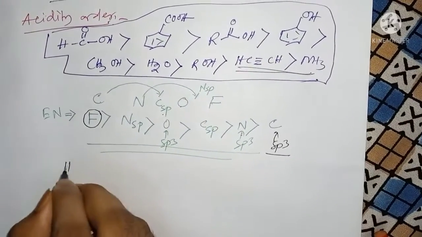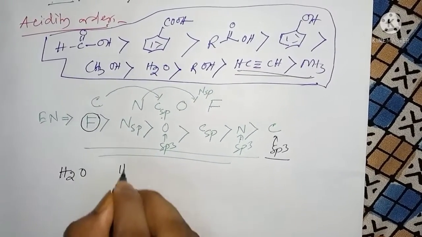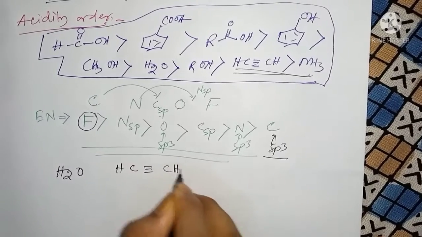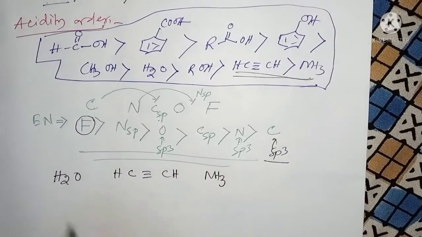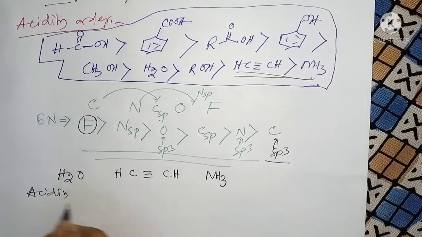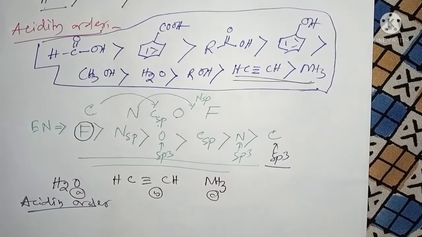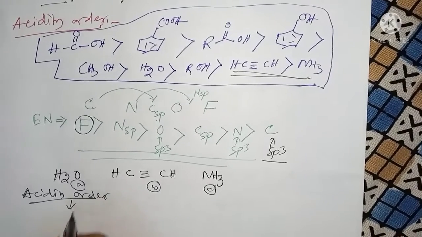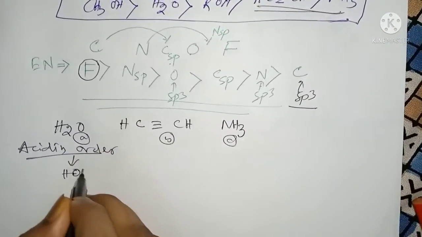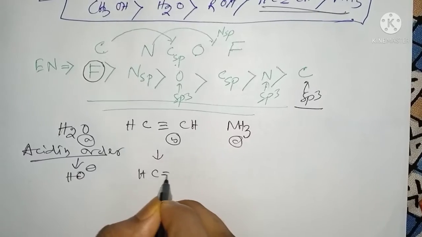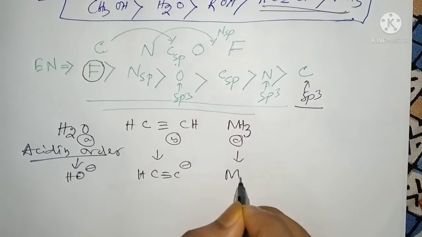Now this is the order. Suppose H2O, HC≡CH, ammonia, acidity order. This is A, B and C. So the conjugate bases are OH minus, HC≡C minus and NH2 minus.